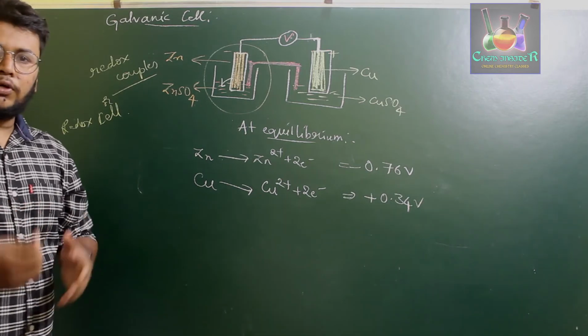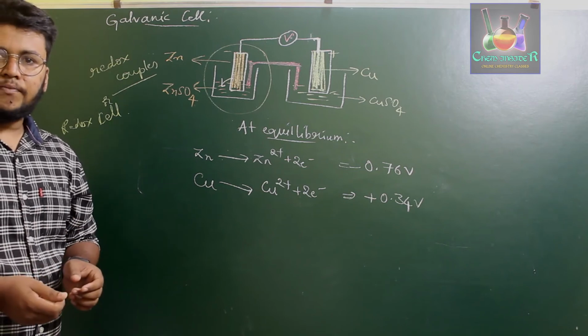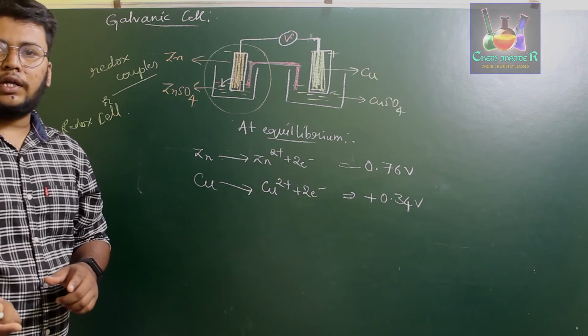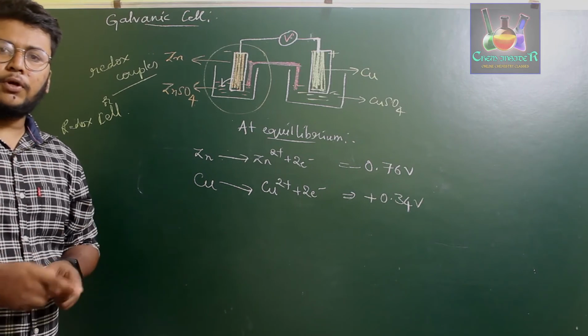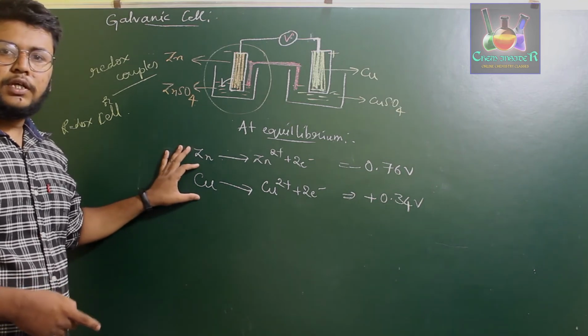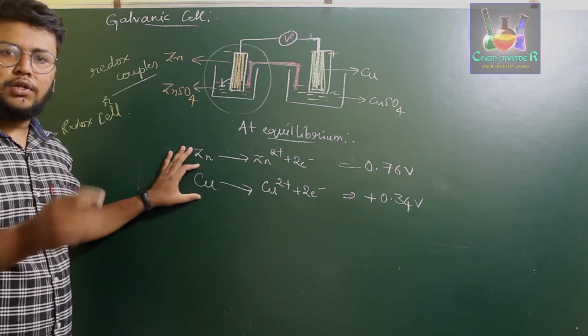The potential of one metal to reduce another metal is called the reduction potential of that metal.